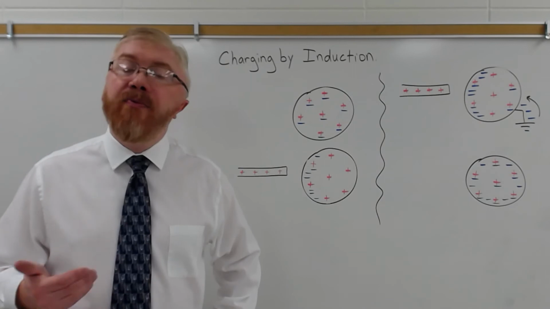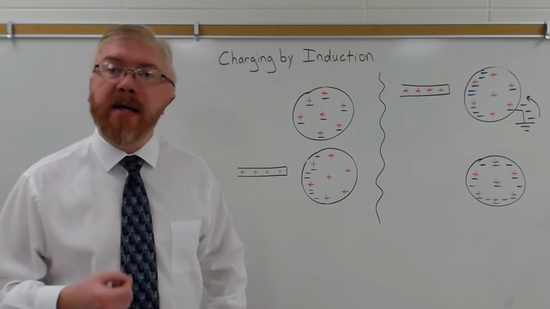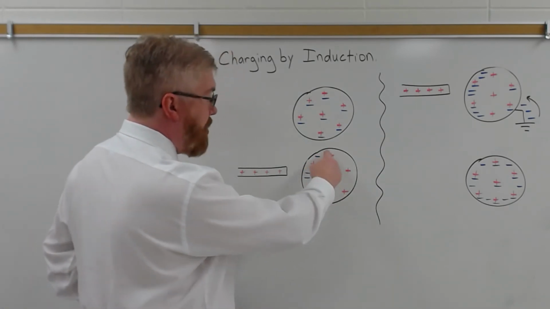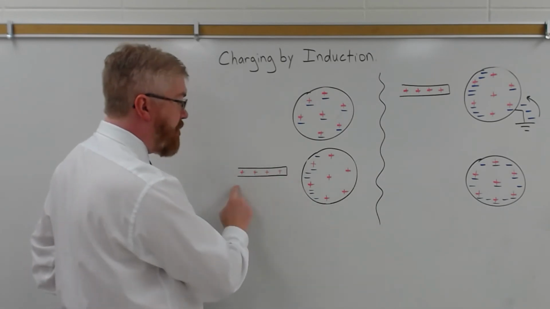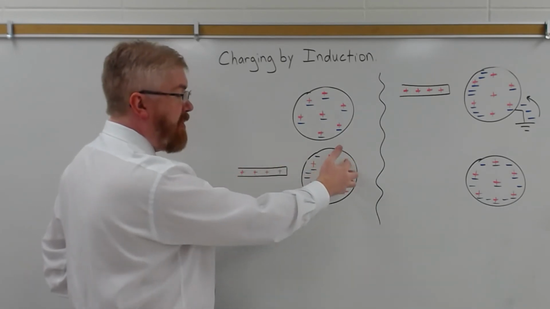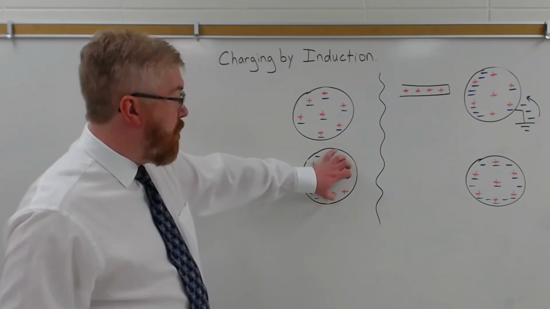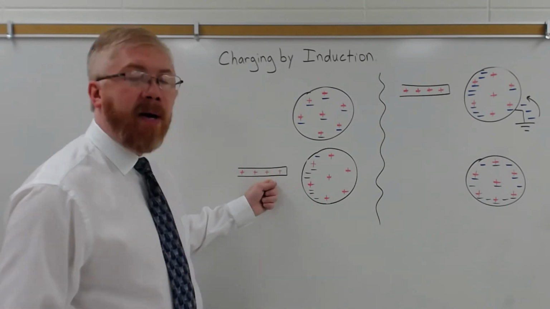Well, charge is free to flow. Specifically, electrons are free to flow in a conductor. So the electrons are attracted to the positive charge in the conductor, but now there's more positive charge over here. So some of the electrons, not all of them, but a small number, will get pulled to the left-hand side, attracted to this positive rod.